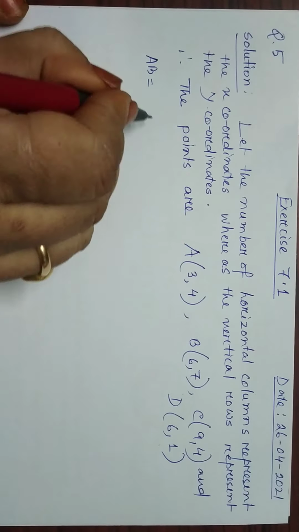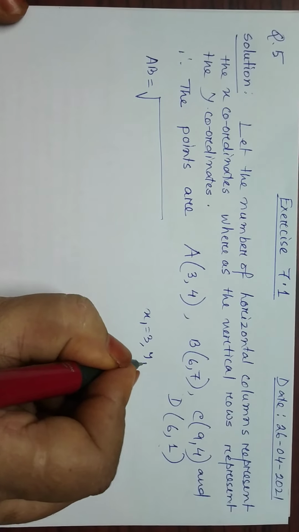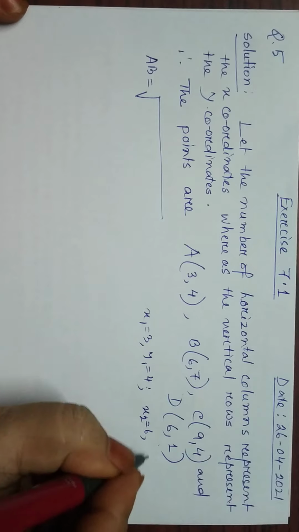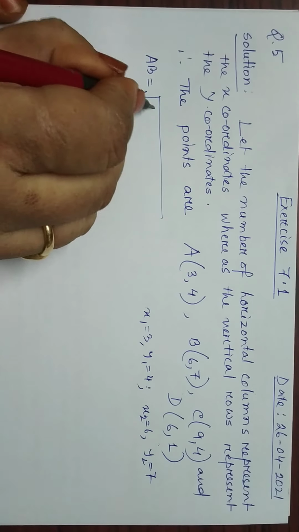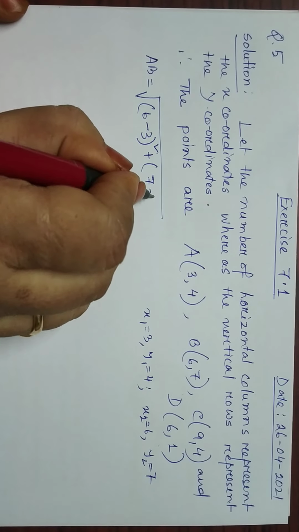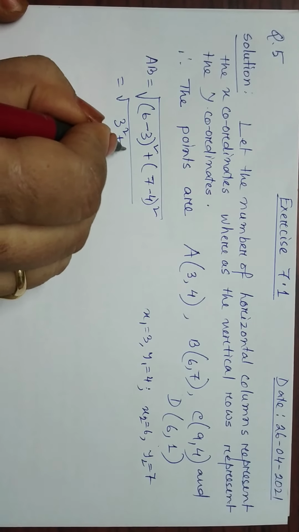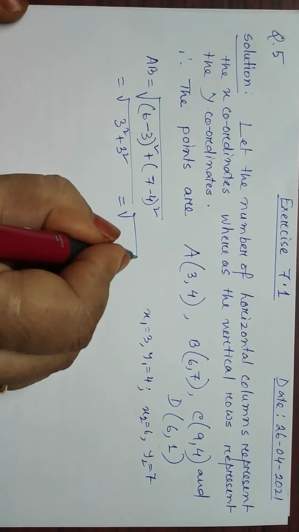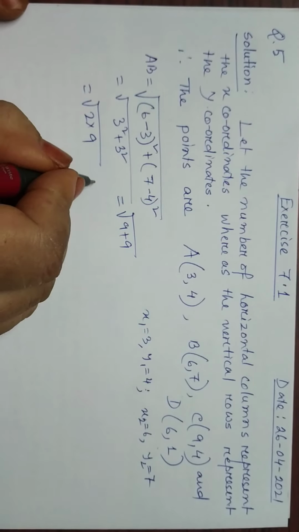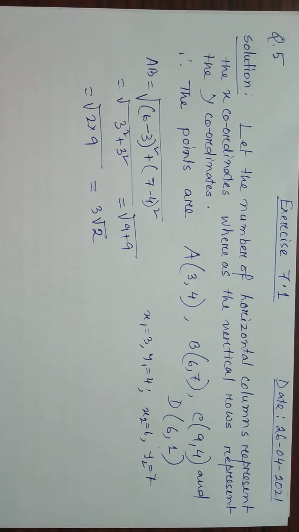AB is equal to root over, here x1 equal to 3, y1 equal to 4, and x2 equal to 6, and y2 equal to 7. Therefore root over 6 minus 3 whole square plus 7 minus 4 whole square. This implies 3 square plus 3 square, that means root over 9 plus 9, root over 2 into 9, 3 root 2. AB is equal to 3 root 2.